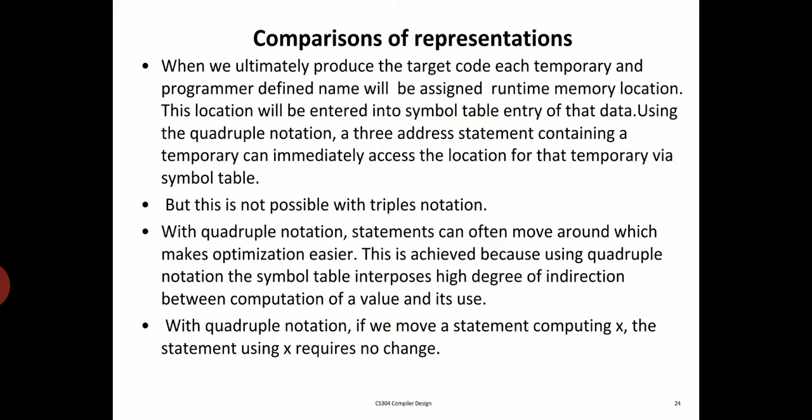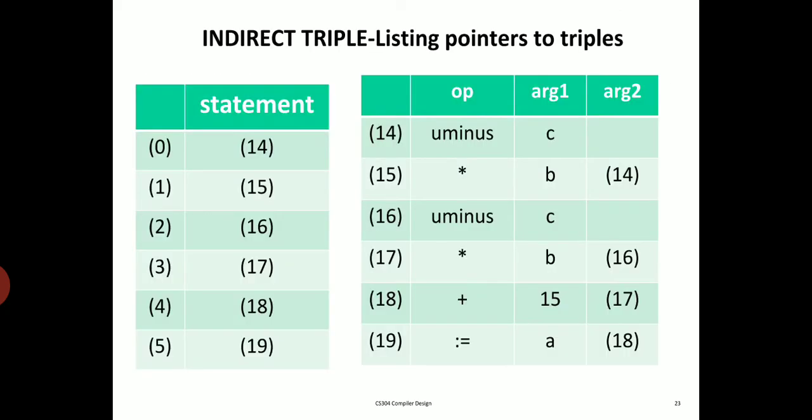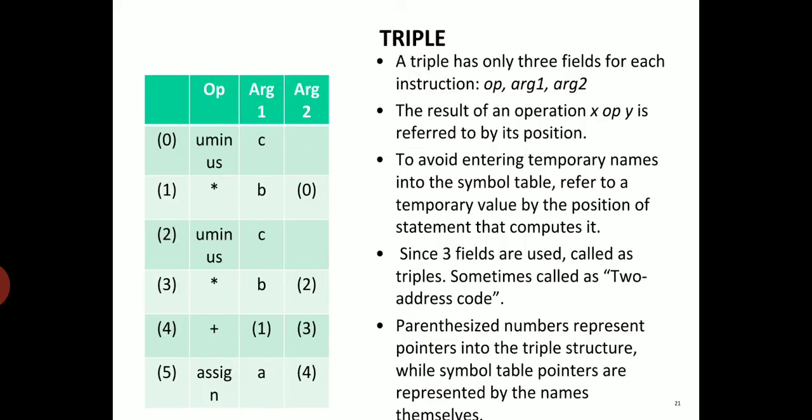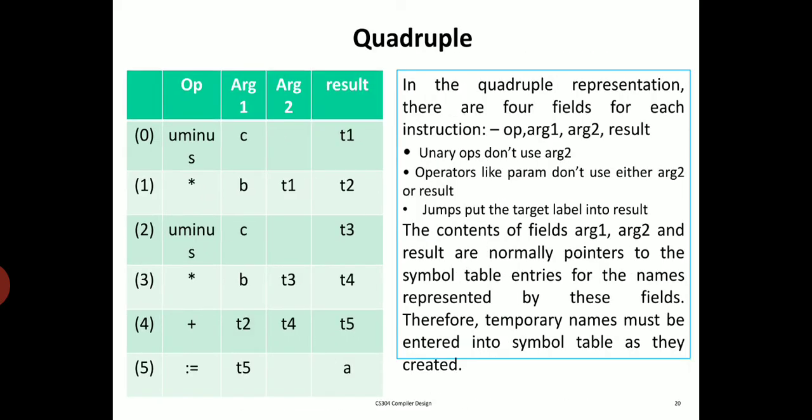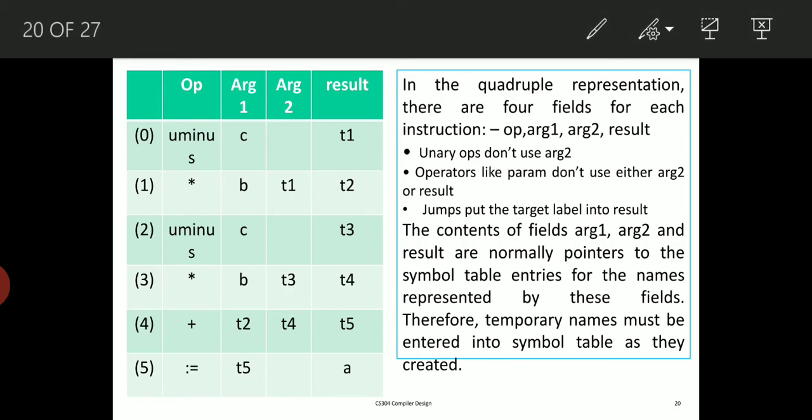Then with quadruple notation, if you move a statement that computes x, the statements using x require no change. That means the order of statements, in the case of quadruple, this 0, if it has changed order, here this u1 minus c comes to the 6th position. If you are adding to the 5th, this is shifted to the 5th. That is not an issue, because the statement numbers are nowhere associated. So rearranging the statements in a quadruple will not cause any problems.